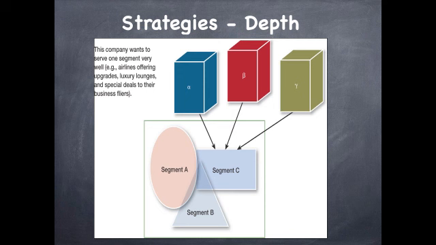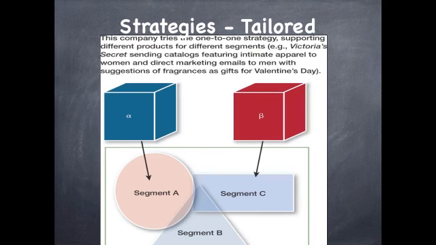So you can have multiple products here that are going after the exact same segment. And then you can have a tailored strategy where you might use the one-to-one strategy, where you have one product going to one segment and then you create a separate product to go after a separate segment.